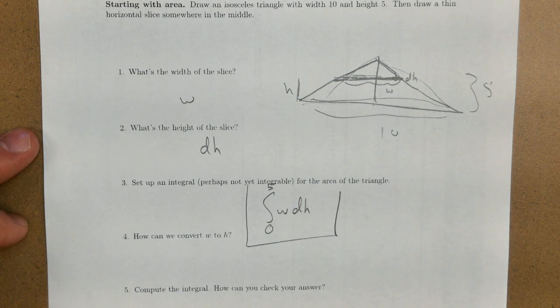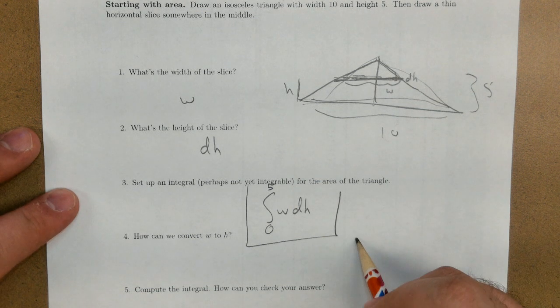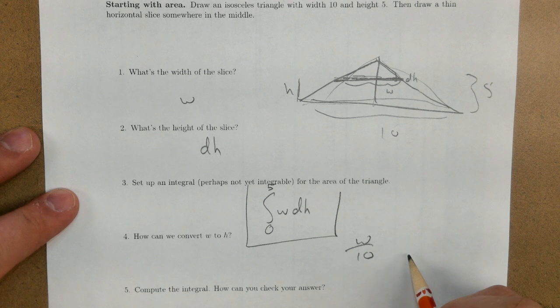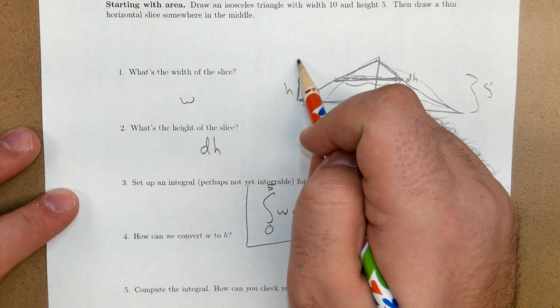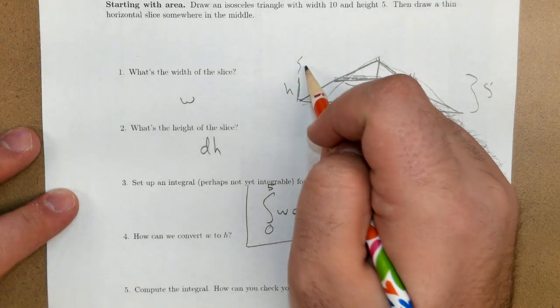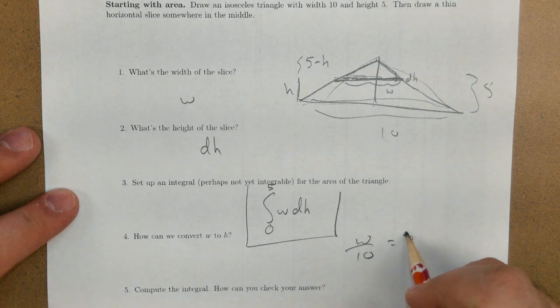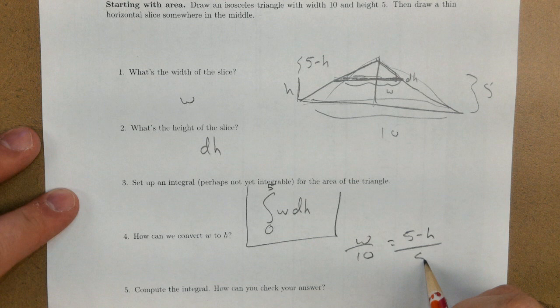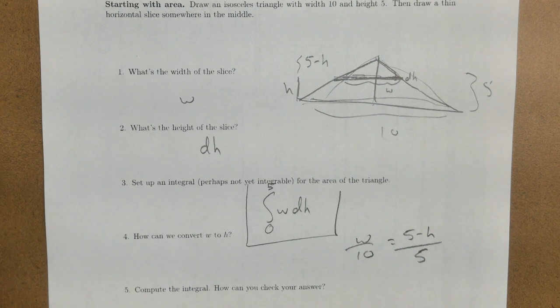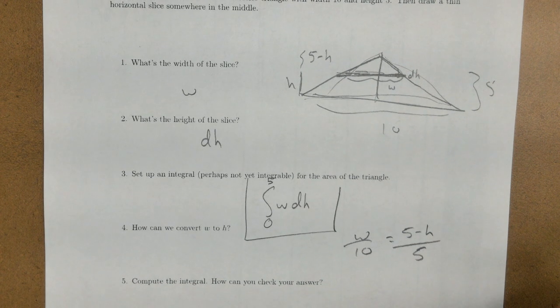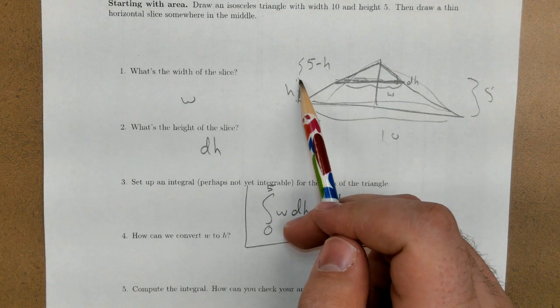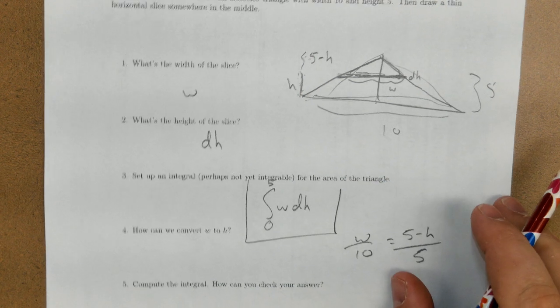So W compares to 10, because W is for the little triangle and 10 for the big one. That's the same comparison as, if that's H, the stuff above where the little triangle is would be 5 minus H. Make sure you're okay with that as well. So 5 minus H would compare to the big height of 5. That 5 minus H concept is pretty strange and an important one, so make sure you also understand that idea. These two things, height, that's how far up you are, should add to 5, so that's why I got that other number.